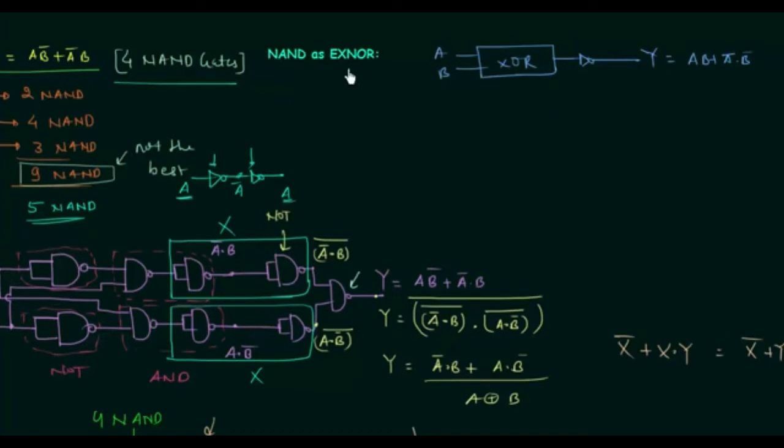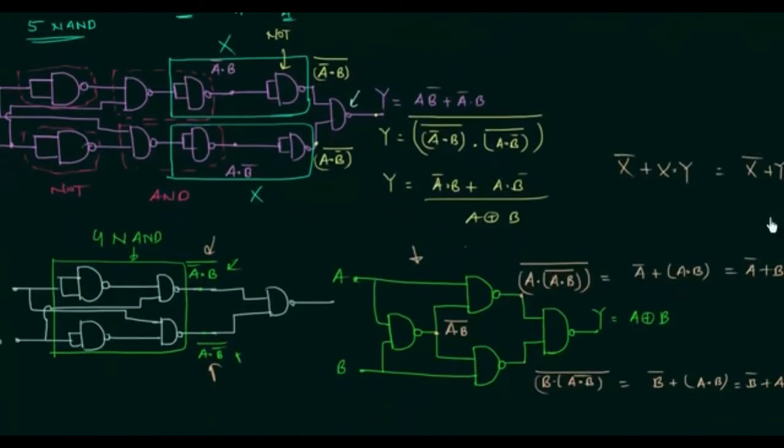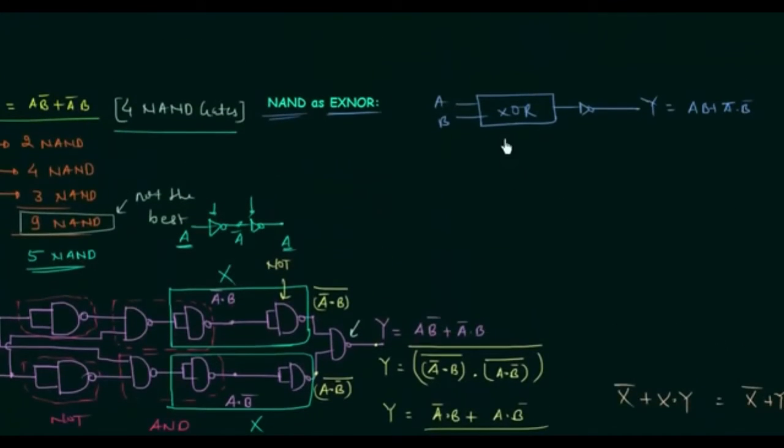So implementation of XOR gate by using the NAND gate is very simple, and this will require 4 NAND gates. So first we will make XOR gate by using 4 NAND gates, and then to complement the output we will use one inverter, and this will require 1 NAND gate. So 4 plus 1 is equal to 5 NAND gates. 5 NAND gates are required to implement the XNOR gate.